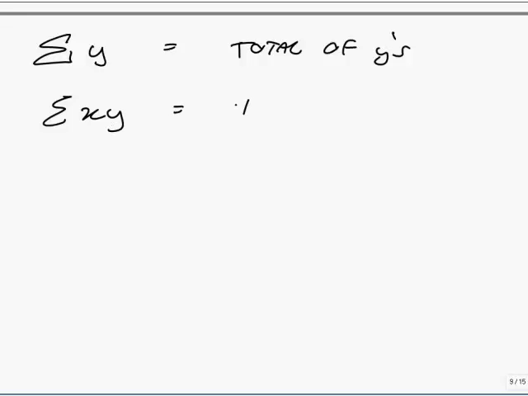So sigma Y, for instance, is simply the total of the Y's. Sigma XY, for example, is the total of all the X times Y's. You with me? You multiply X times Y each time, you add them up.